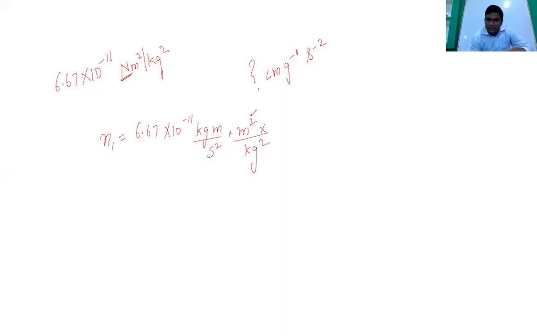So once you solve it, it will become your kilogram to the power minus 1, and this will be your meter to the power 3, and this will be your second to the power minus 2, isn't it? 6.67 into 10 to the power minus 8, sir.